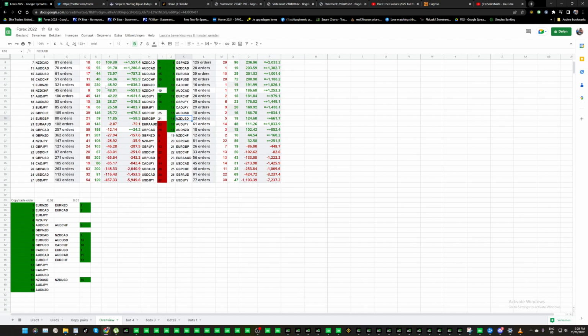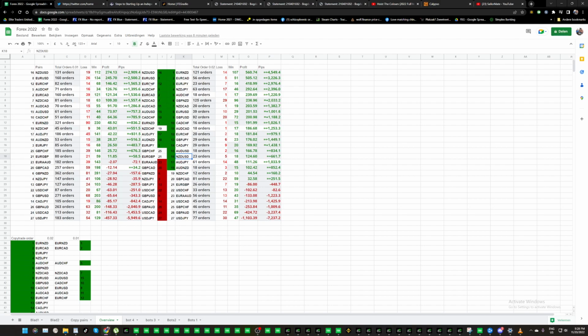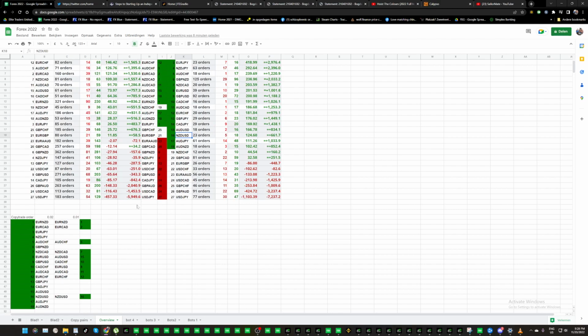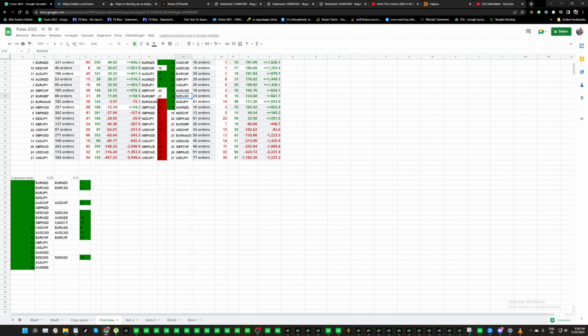So after looking at both of the lot sizes, I came to the conclusion that basically I want to trade all of these both on the 0.02 and on the 0.01.